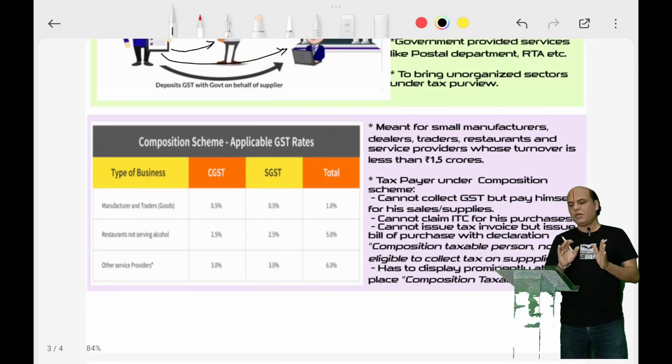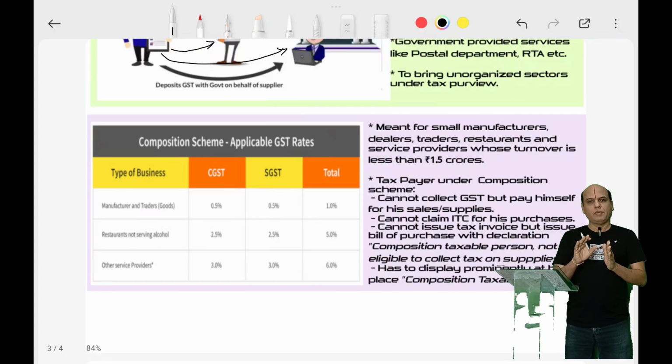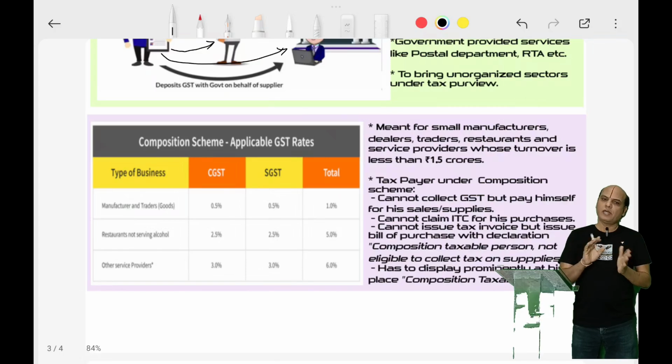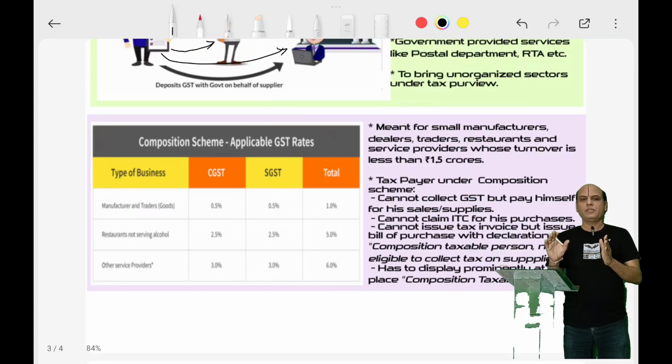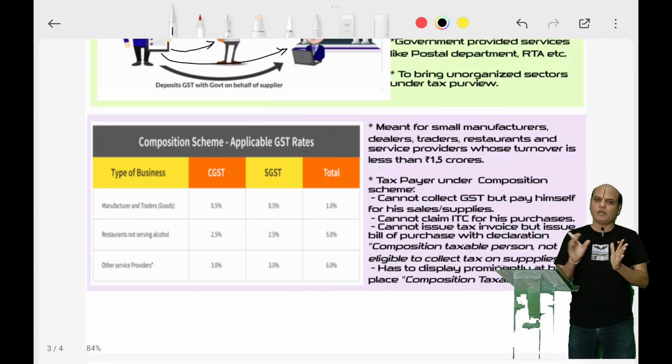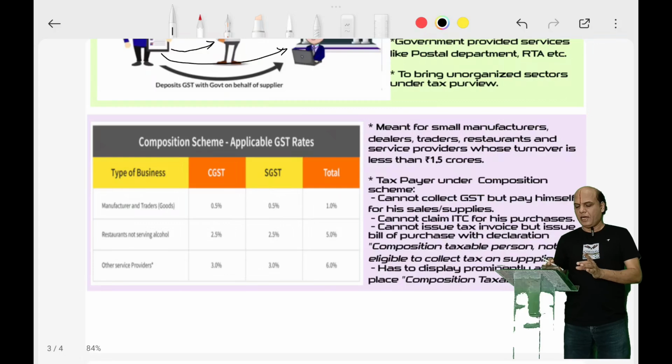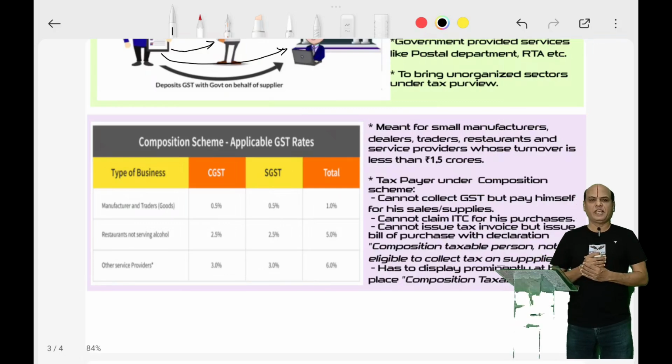Such small entities, like people who do very less business, like their annual turnover is under 1.5 crore. Any small entities whose turnover is below 1.5 crore can avail this composition scheme.